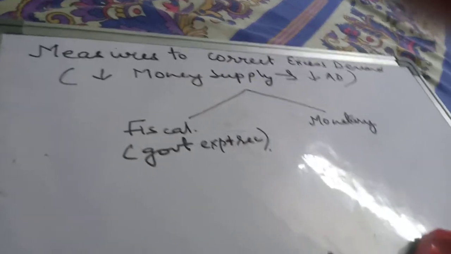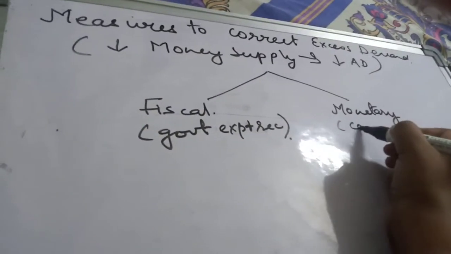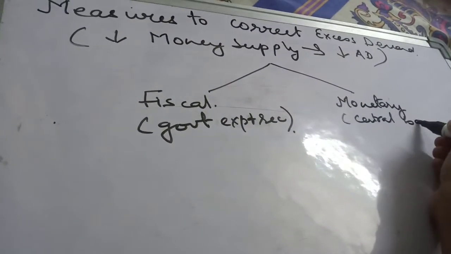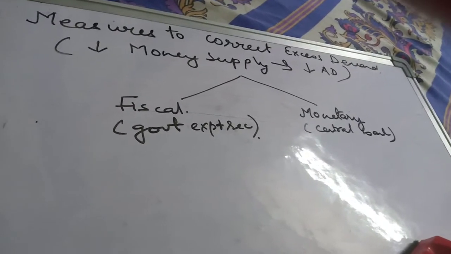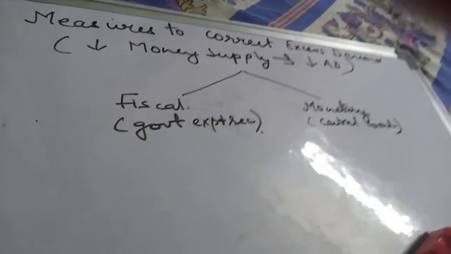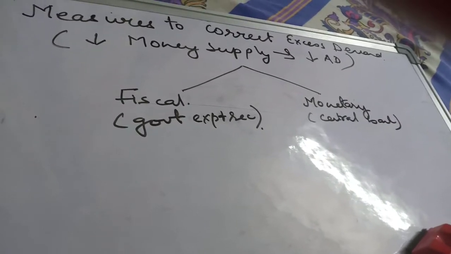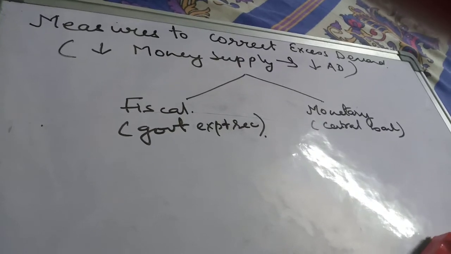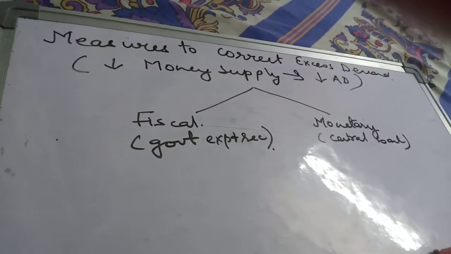Monetary, on the other hand, is basically measures undertaken by the central bank. So fiscal relates to government expenditure and receipt, and monetary relates to the central bank's measures. We're going to first do the fiscal policy.